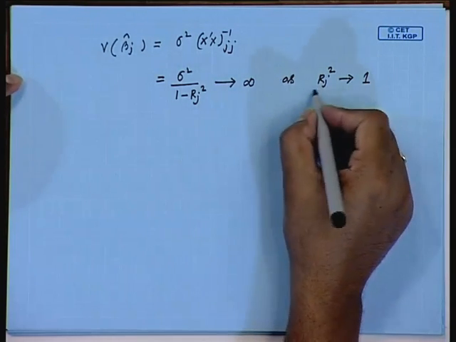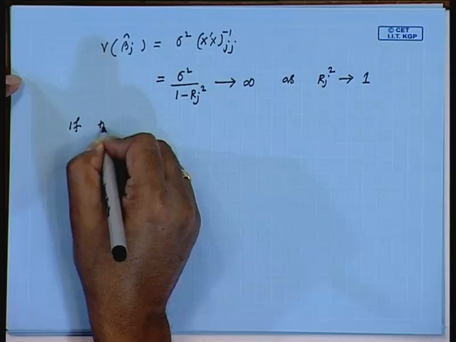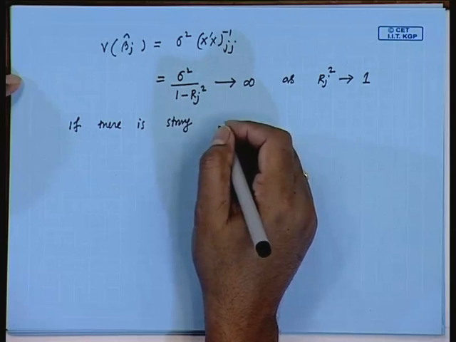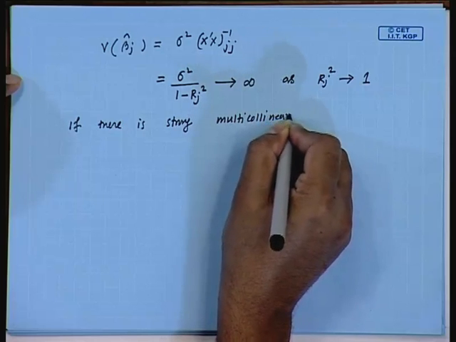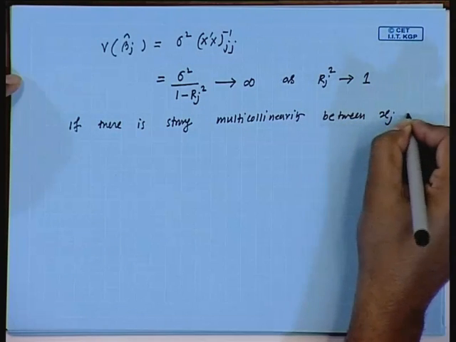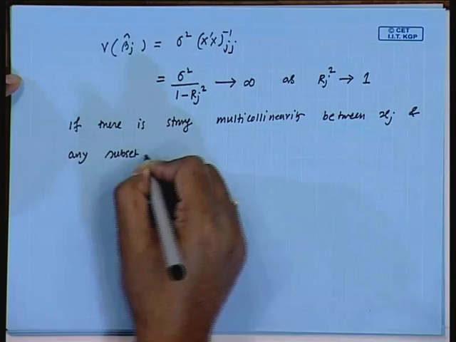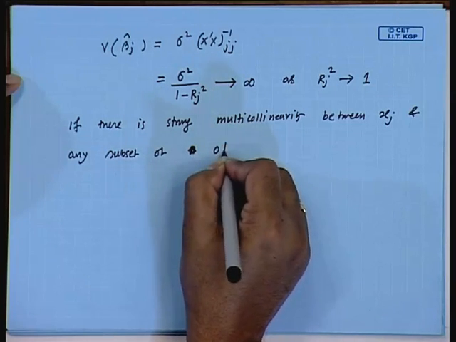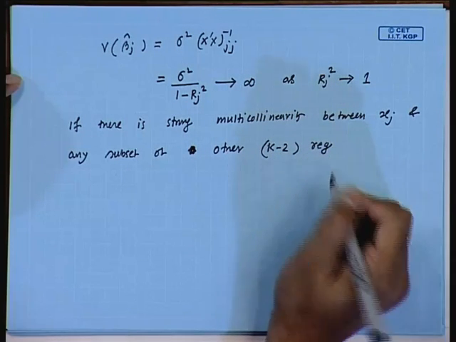Okay. So Rj square tends to 1 will happen if there is strong multicollinearity between xj and any subset of the other k minus 2 regressors.